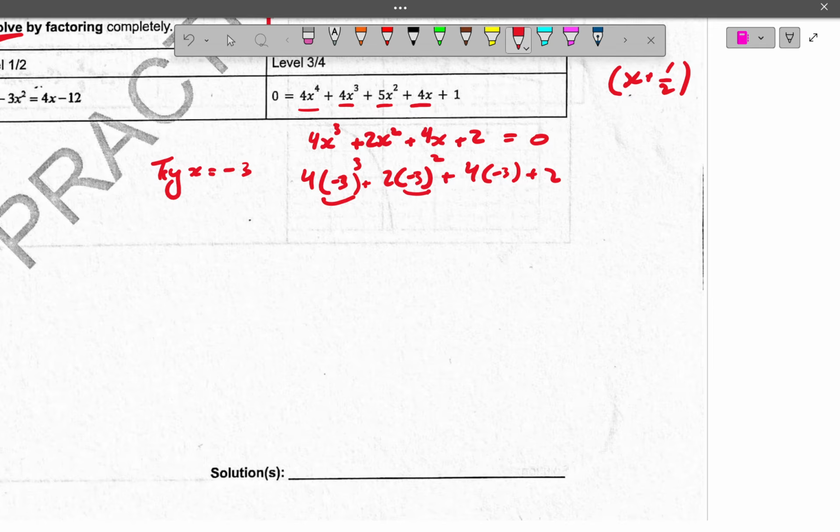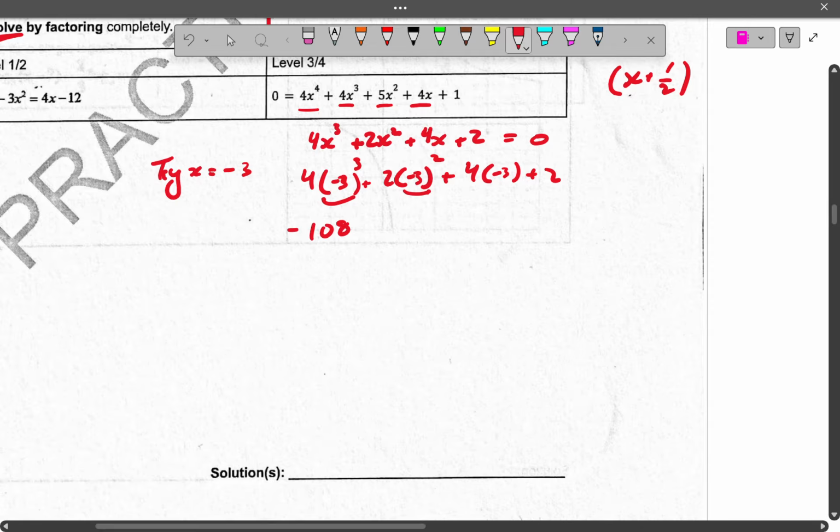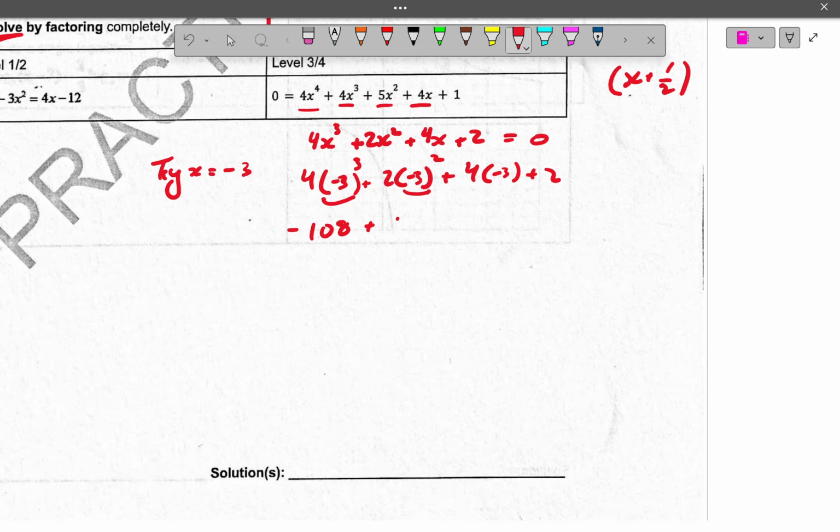So 3 cubed is 27. 27 times 4 is 108, negative 108. 9 times 2 is 18. And this will be much too large, with negative 12 plus 2. It's still not 0.